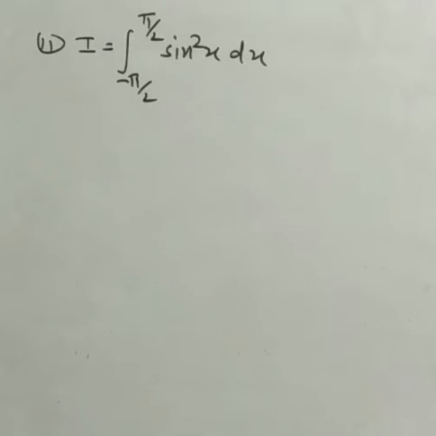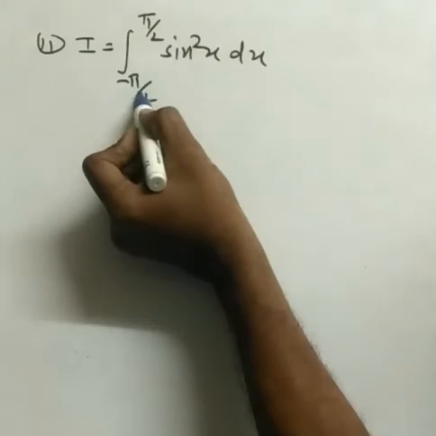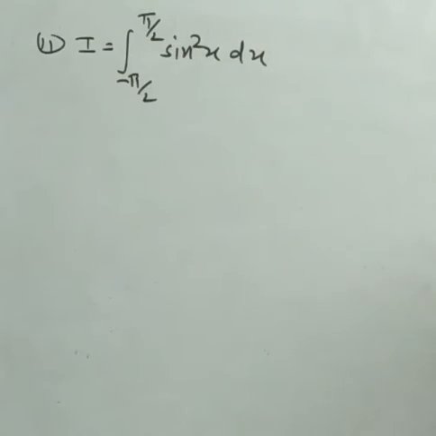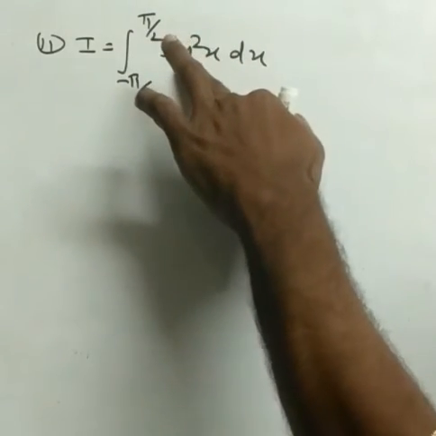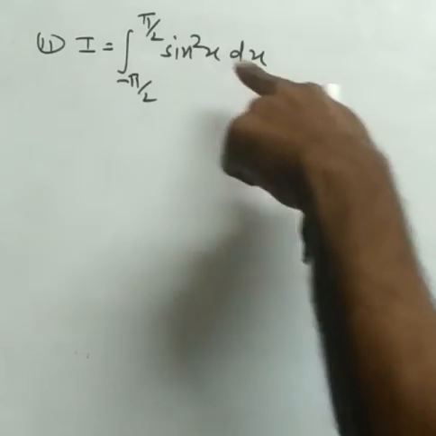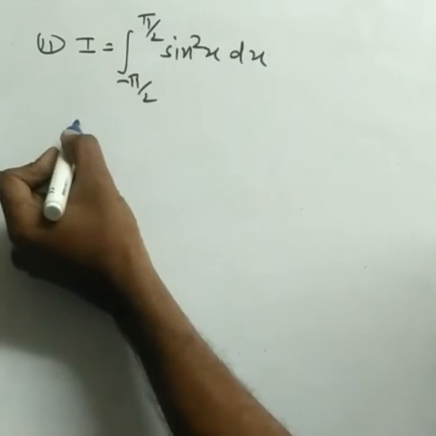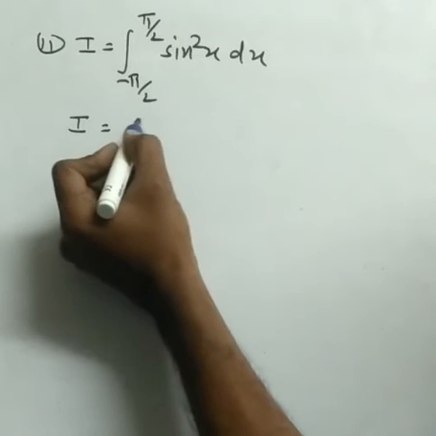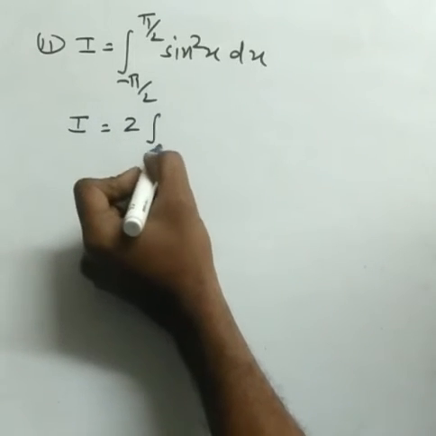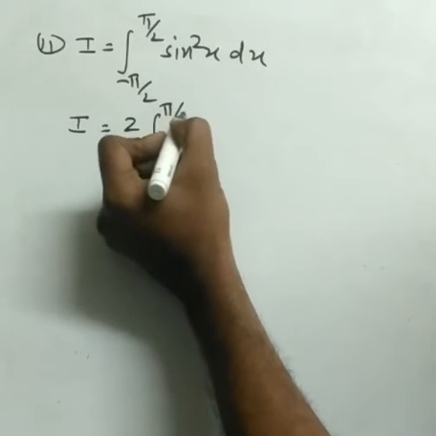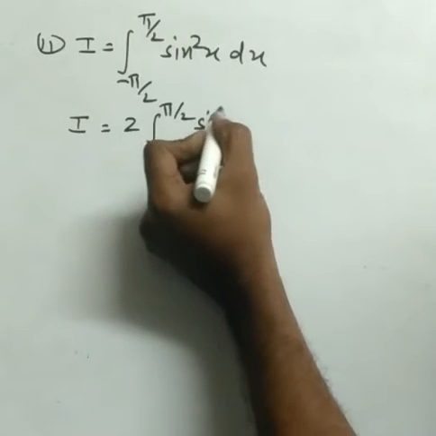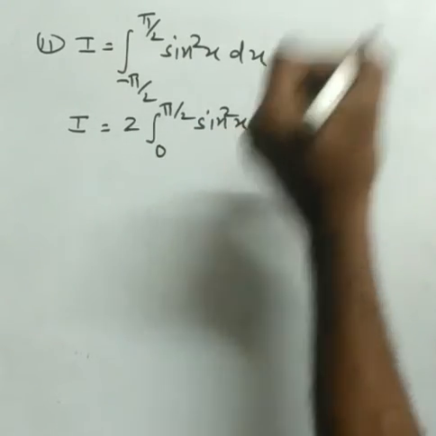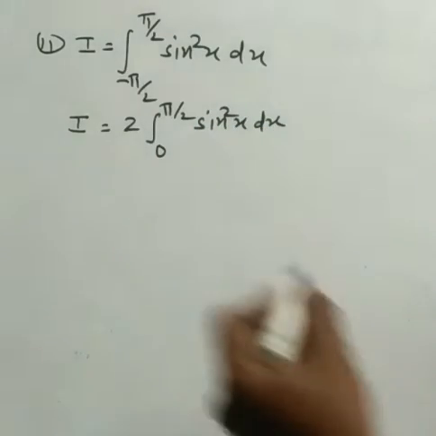Since this limit is given from minus a to plus a, and this function has a square sign, it is an even function. Since it is an even function, we can write 2 times integral from 0 to pi by 2 of sine square of x dx. We have applied this property here.